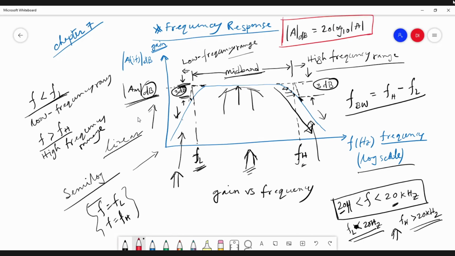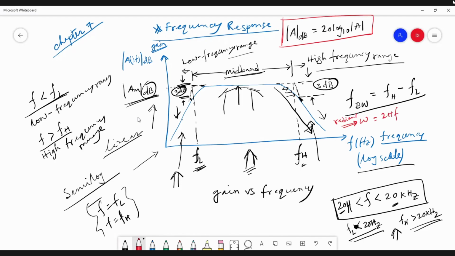Also, another parameter we know: in the gain and frequency plot, the frequency is usually used in omega. What is omega? Omega is called the radian frequency, which equals twice pi f.